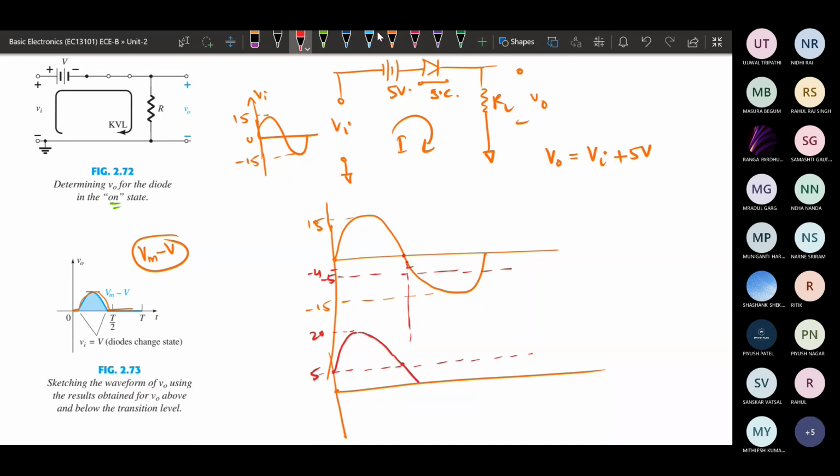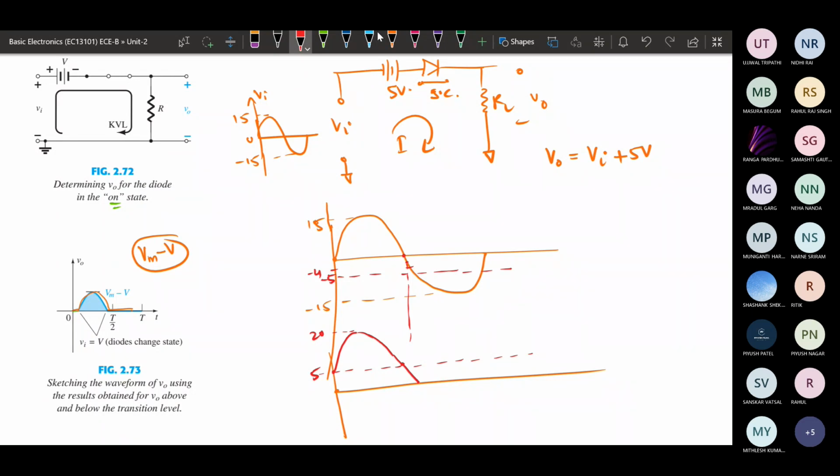At -5 volt the output will be 0, and below this -5 the diode will be reverse bias. The diode will be reverse bias only when we are applying below -5 volt. Till -5 volt the diode will be forward bias, because this 5 volt will be cancelled out and 0 will be applied.